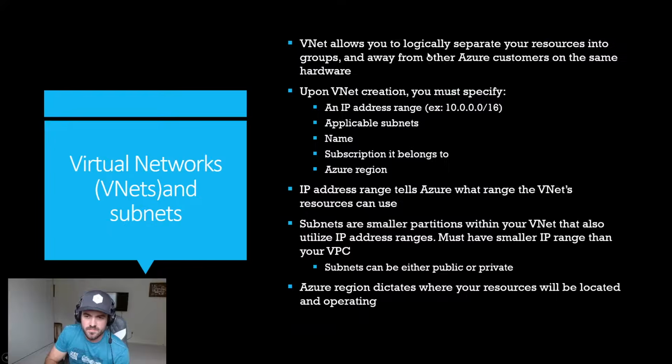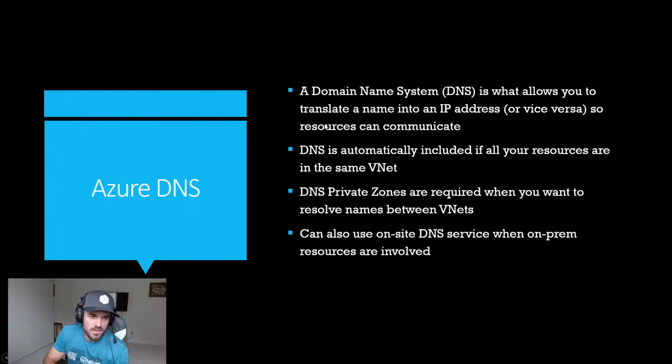Okay. All right. So Azure DNS, a domain name system, is basically what allows you to translate a name into an IP address or vice versa, so resources can communicate. Right. So when you go to Google.com, it actually switches that to an IP address that reaches a server that does whatever it needs to do. DNS is actually automatically included if all your resources are in the same VNet, which is nice.